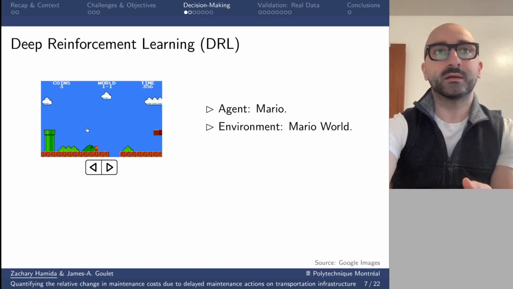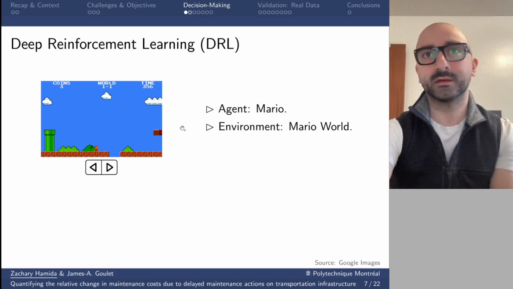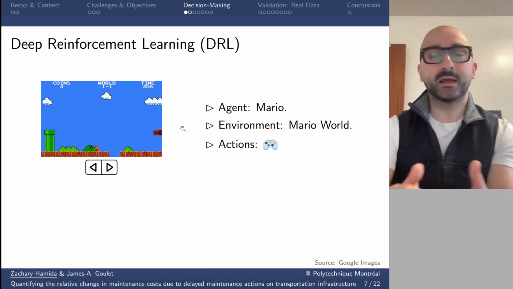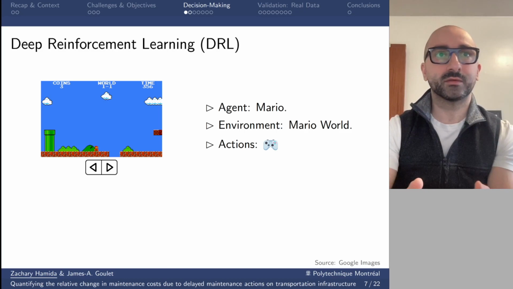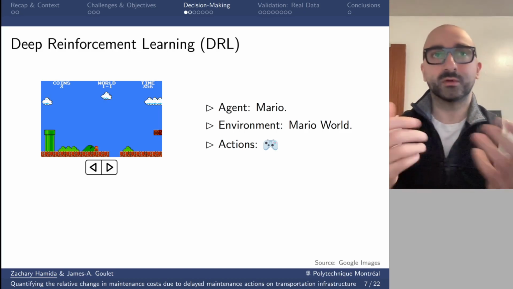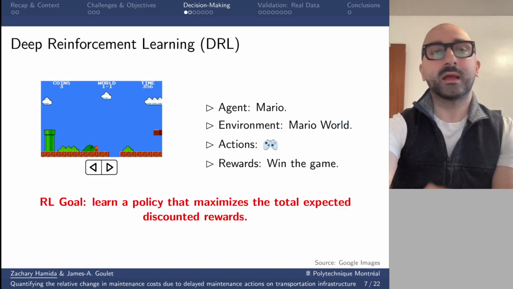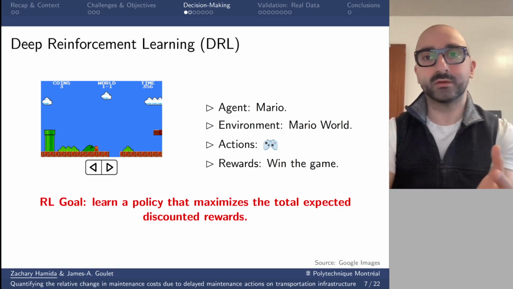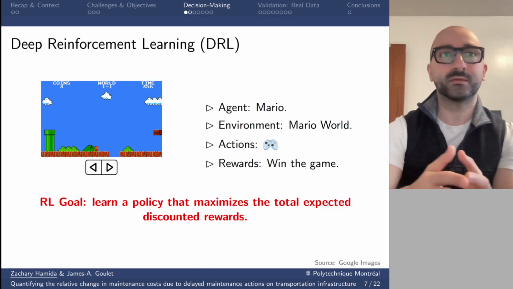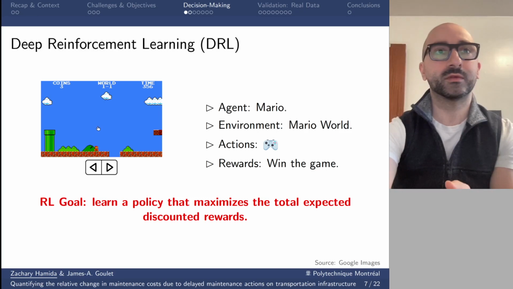The environment in reinforcement learning is the Mario world, so the Mario level that we have here currently. The actions are the movement, like being able to jump or all the other kinds of actions that Mario could perform. And the agent would get a reward if they were able to finish or complete this level.